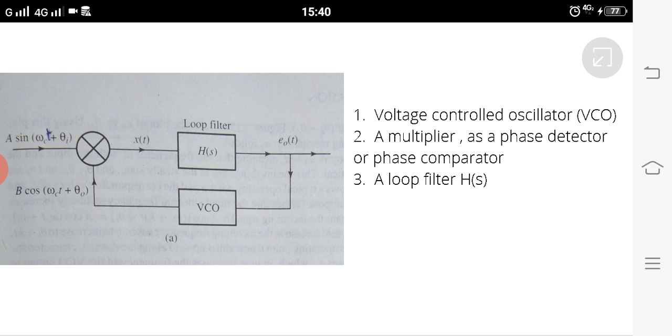Now the operation of the PLL is very similar to the feedback system that we generally discuss in control system engineering. You can observe this block diagram of the PLL as a closed loop control system.